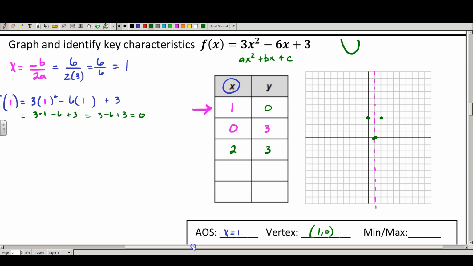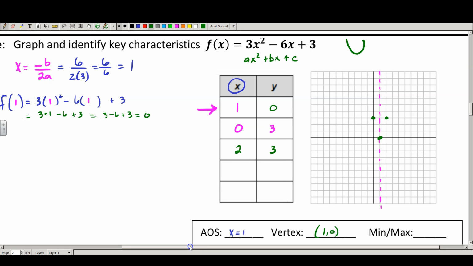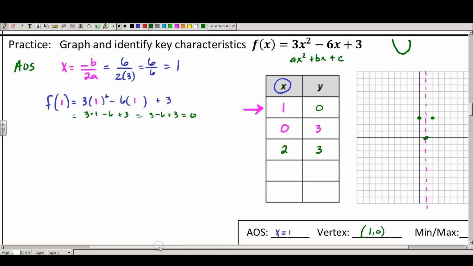Right, so we're going to pick an x value that is around the neighborhood that we've already been working in. So 2 is the highest x value that I've used. I'll use 3. So I'm going to plug in 3 into my function and evaluate that.